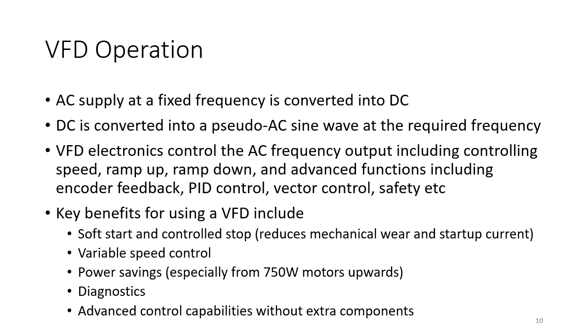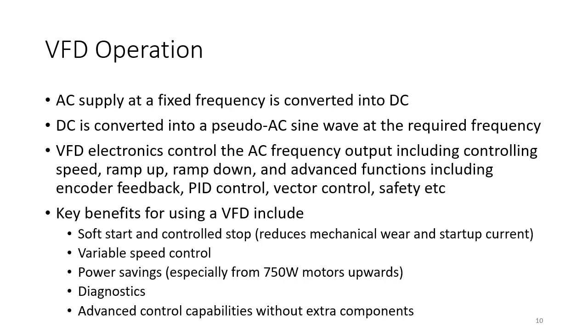We may have PID control, so we can follow a set point input and then accurately provide an output to control a process variable. We can perform vector control, which is a way of handling the motor dynamics more accurately, again to reduce energy usage and to improve motor performance. We can also handle safety via techniques like safe torque off to allow us to shut down the motor in a safe way.